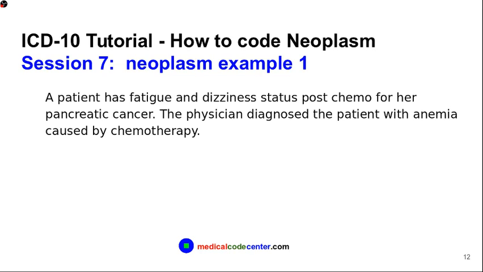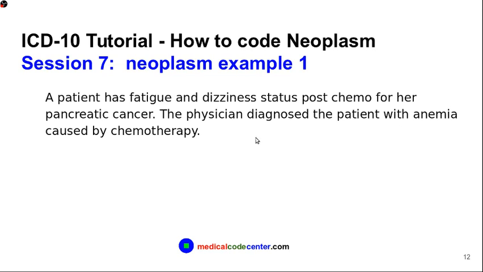As the neoplasm coding guideline says, if the anemia is caused by chemotherapy, then you have to code the chemotherapy related anemia as the principal code.